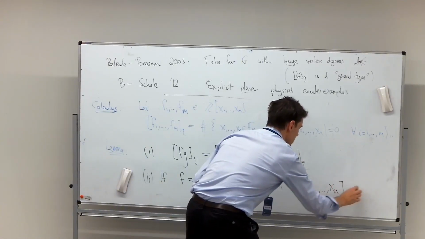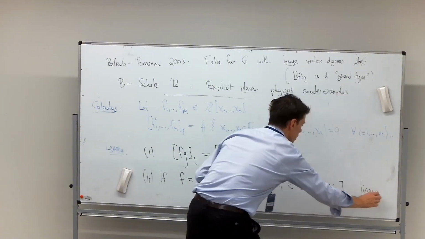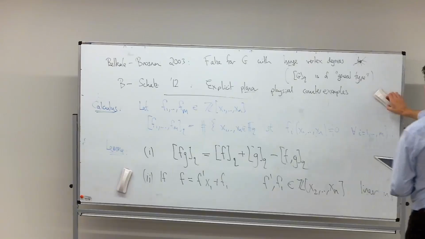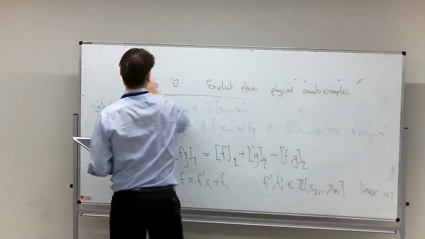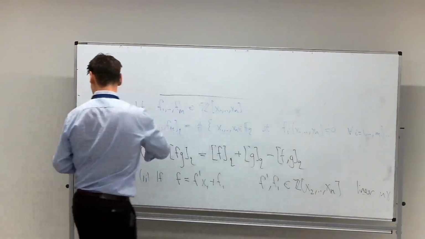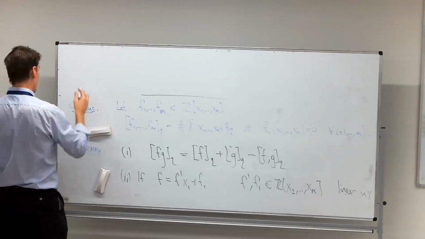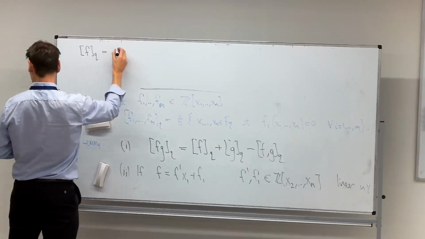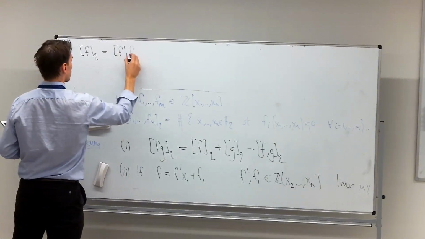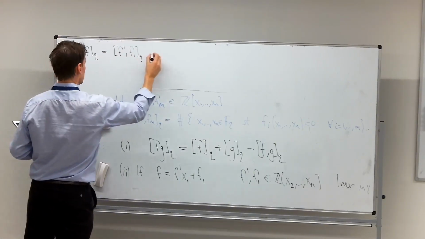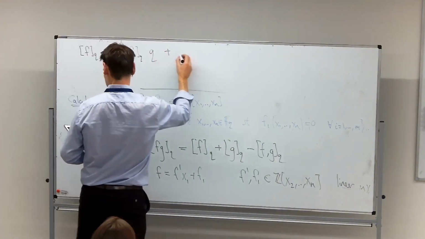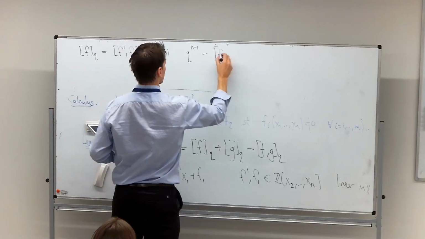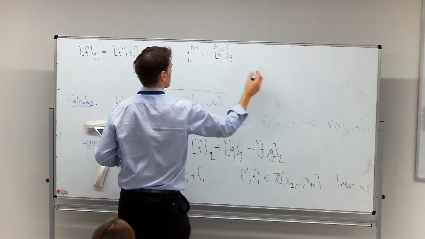So if we assume that the polynomial is linear in x1, then there's a nice formula which I leave as a great exercise, that f_q equals f upper 1, f lower 1, q times q, plus q to the n minus 1 minus f1 q. This is a great exercise.